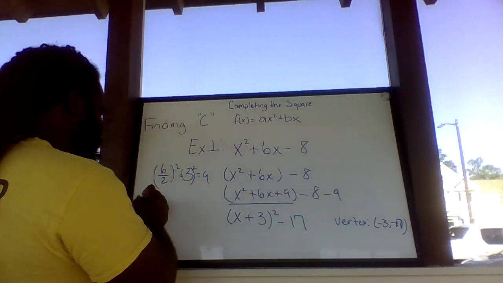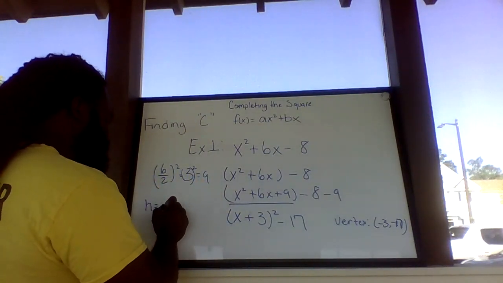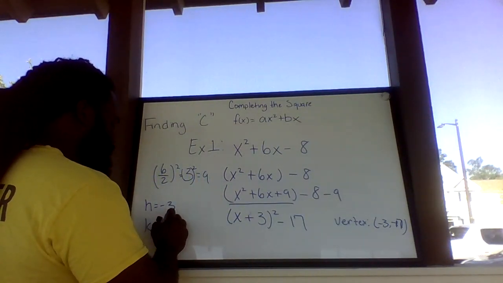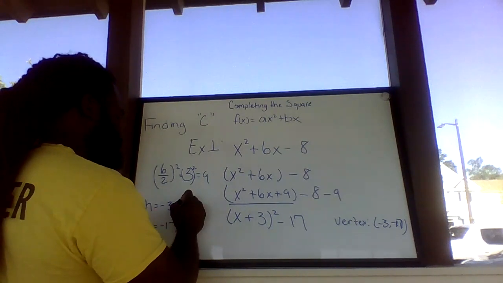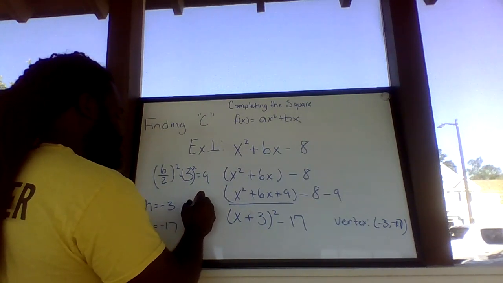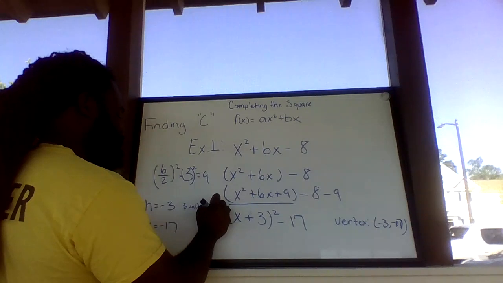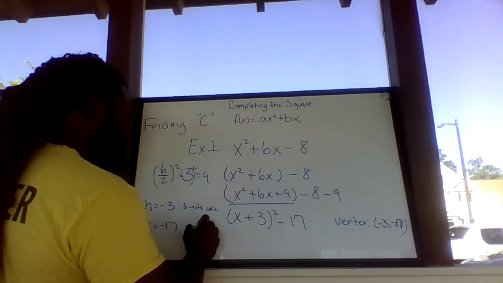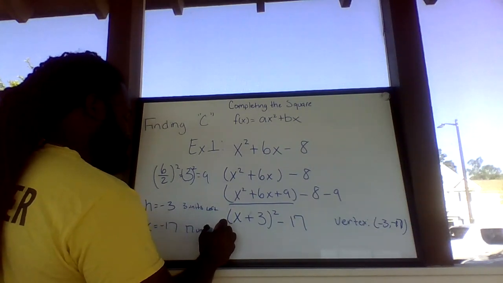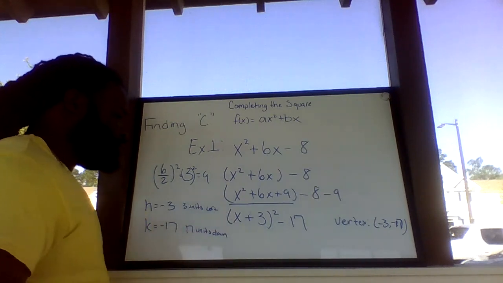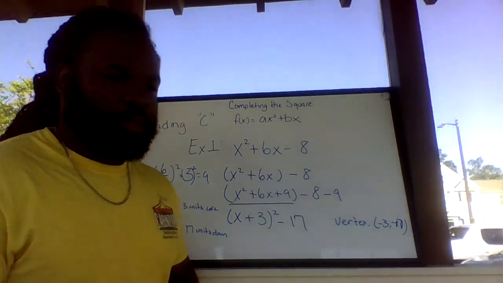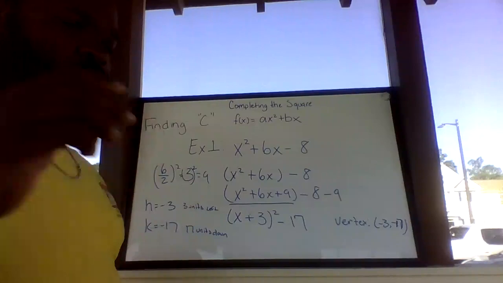Because my vertex is negative 3, that lets me know my h is negative 3. That lets me know my k is negative 17. So this gives me 3 units left and then 17 units down from the origin.